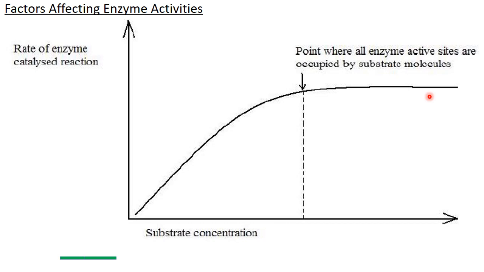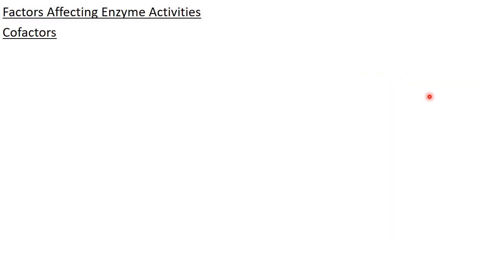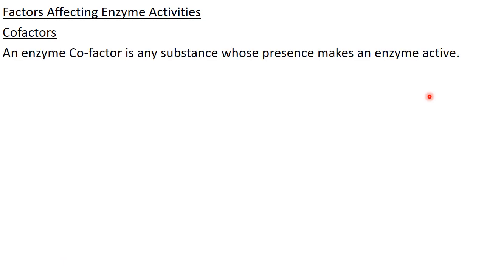Enough with graphs. Let's take a look at some interesting factors that affect enzymes that don't have to do with graphs. The first are called cofactors. What are cofactors? A cofactor is defined as any substance whose presence makes an enzyme active. So a cofactor is any substance, if it's there, the enzyme is active or it's more active.